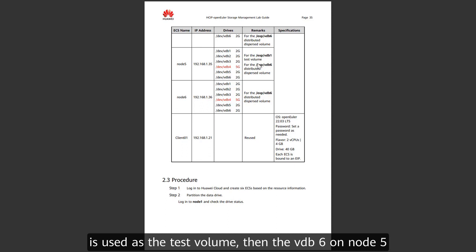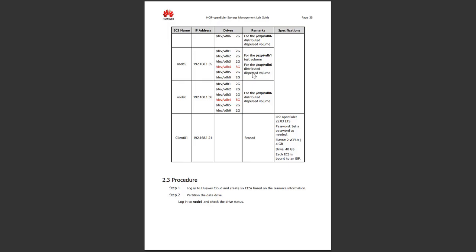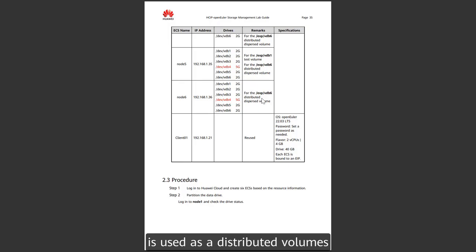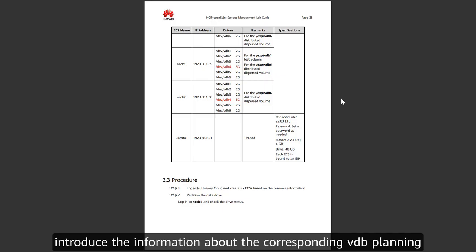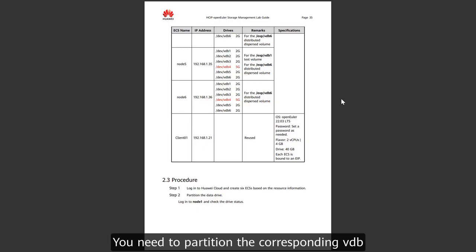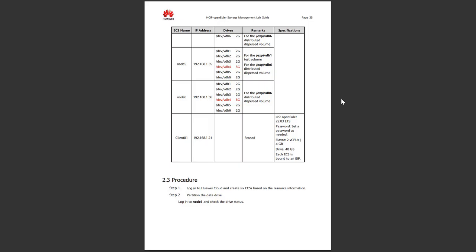Then the VDB6 on Node 4 and Node 6 is used as a distributed volume. Okay, after we introduce the VDB planning, you need to partition the corresponding VDB subvolumes on the device.